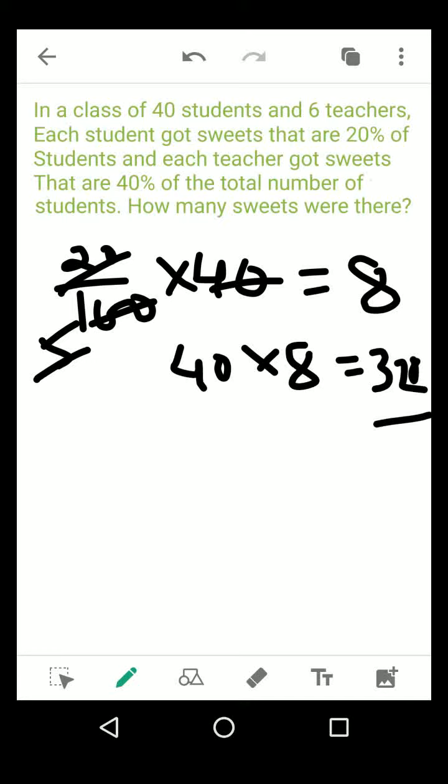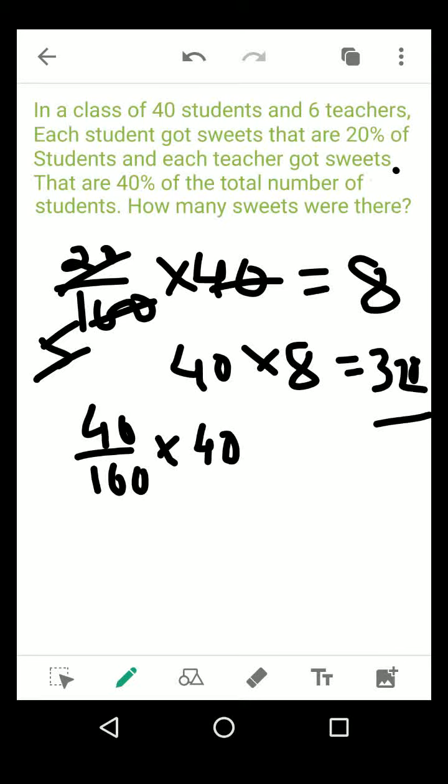And further, each teacher got sweets that are 40% of the total number of students. Means each teacher got 40% of the total number of students, that is 40 by 100 into 40.